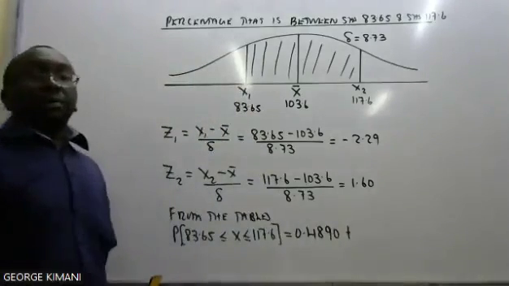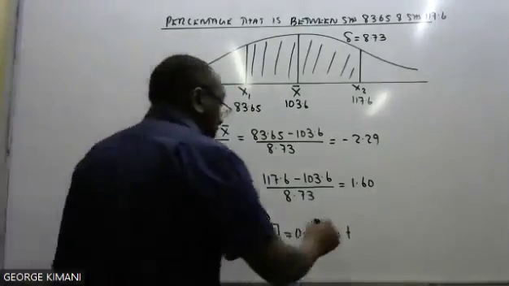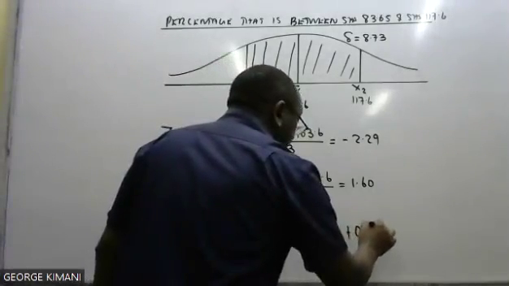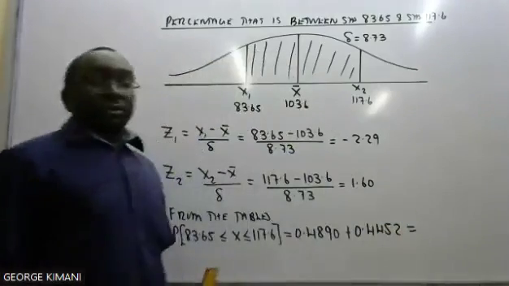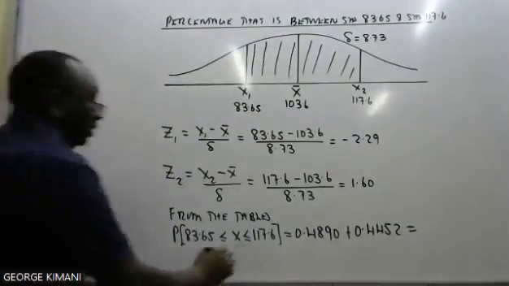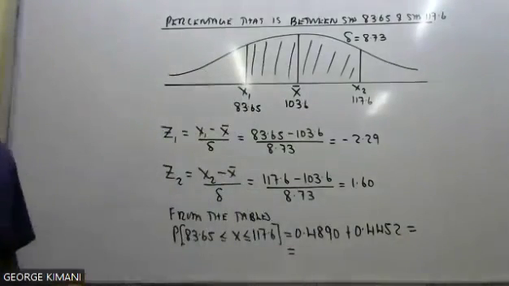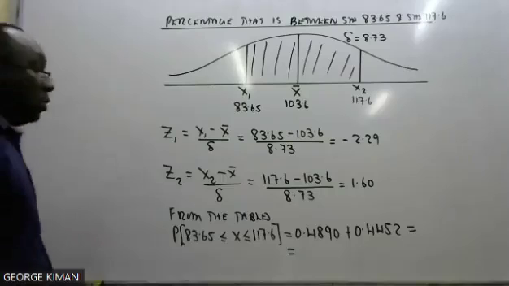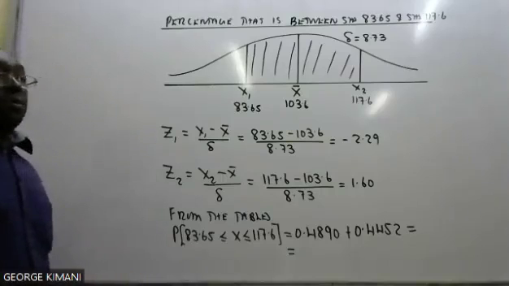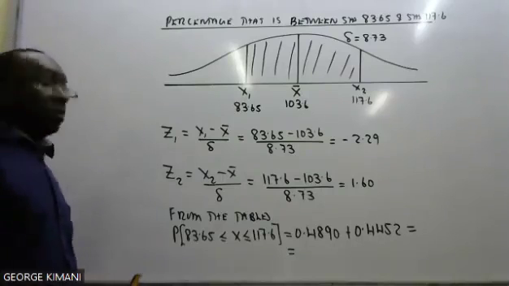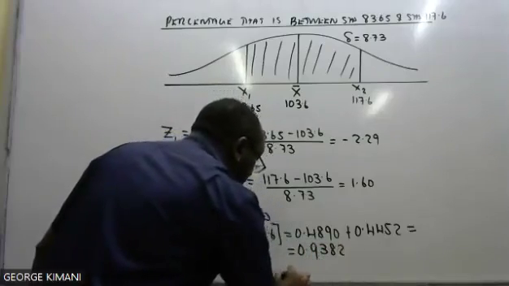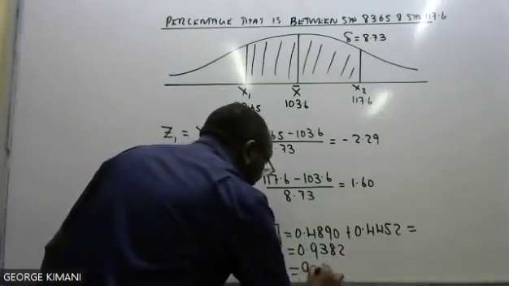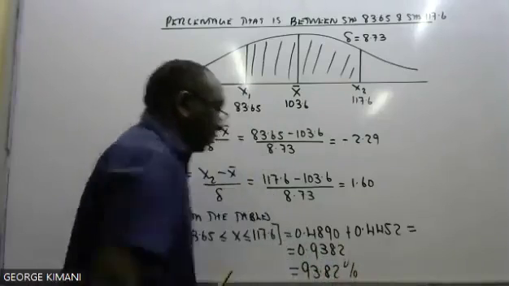Twende sasa usome ya 1.60. 0.4452. So you now add, 0.9382. So hii ndio wanaita 93.82%.